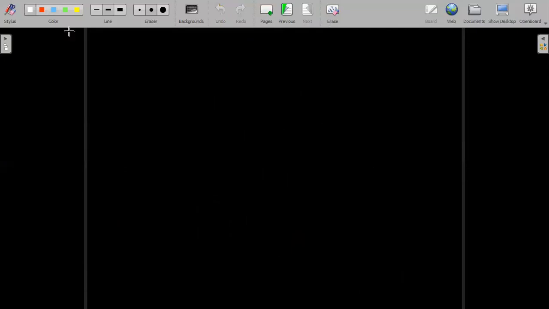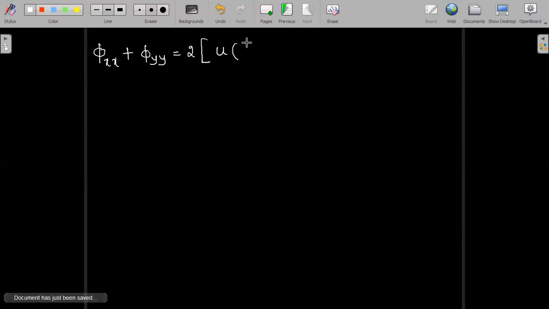Right. So left hand side I will retain as it is. My left hand side is phi xx plus phi yy. And in the right hand side, I have 2 common outside. Now when I take u common, I remain with uxx plus uyy.